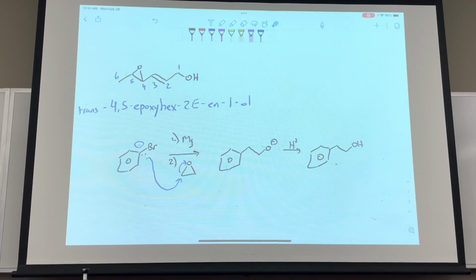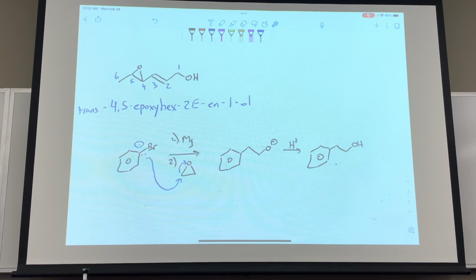And because the metal is much less electronegative, that gives the metal a delta plus, and then the carbon a delta minus. And so that's why the Grignard behaves as it does. It behaves as a carbanion type nucleophile.